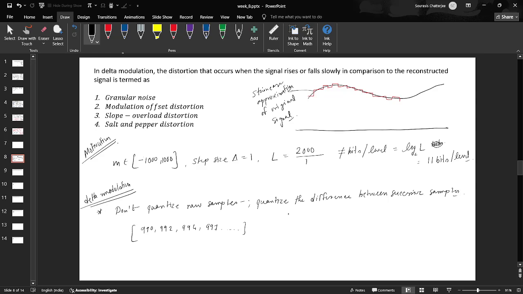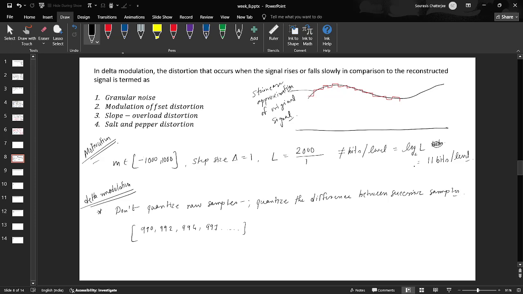I'm just picking one particular interval in the whole message. So if you don't go for delta modulation and go for the regular quantizer, where you quantize each of the samples, you need 11 bits to represent each of them. Now what do you do?